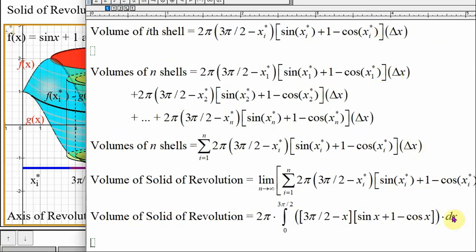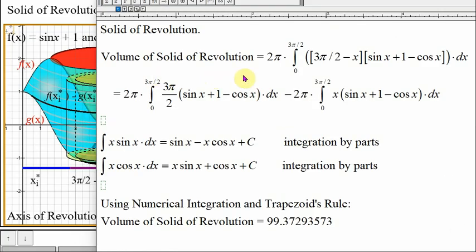And now let's find the value of this definite integral. We can rewrite it as 3 pi over 2 times this expression, minus x times this expression. Now this part is easy to integrate, but the other part is going to involve x times sine of x, and also x times cosine of x.